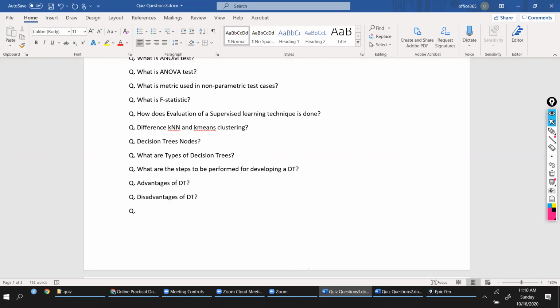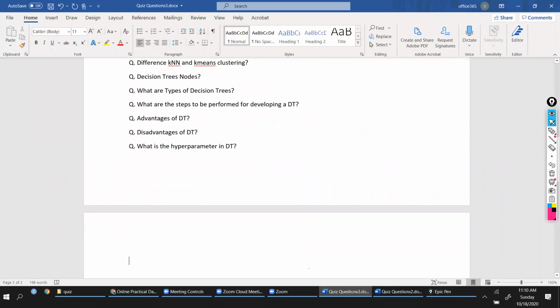But how can we control the overfitting in decision tree? Very good. Pruning. What is pruning?